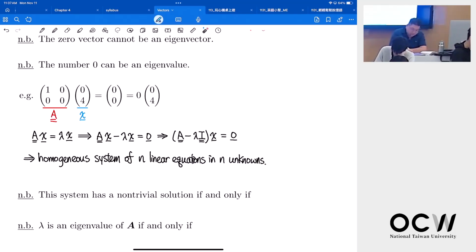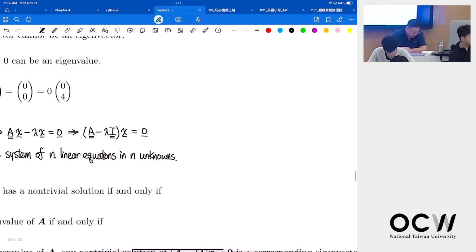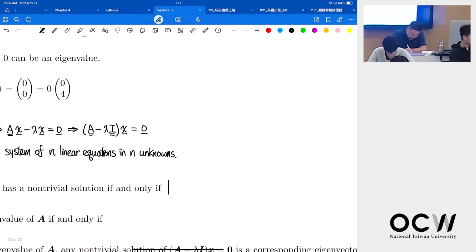So as I said, for this system I have a non-trivial solution, because the trivial solution is apparently x all 0. So a non-trivial solution exists if and only if the determinant of A minus lambda I is 0, because A minus lambda I is singular.